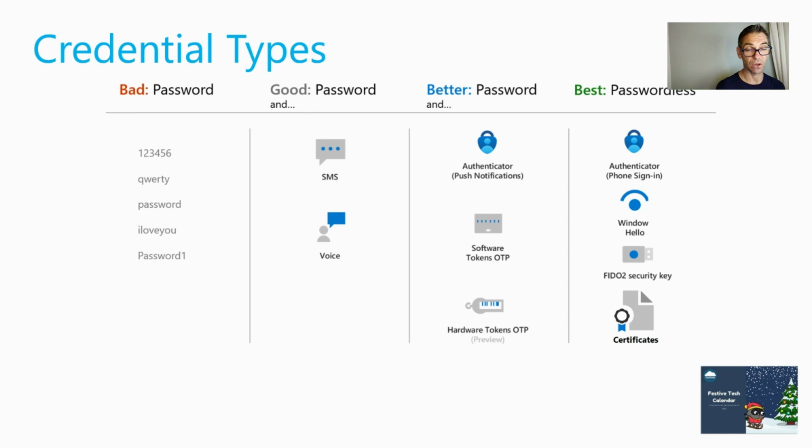New to Azure Active Directory in the last couple of months is certificate-based authentication, which means that you can have certificate-based authentication without the Active Directory Federation Services, or ADFS, requirement and certificate authorities. So that's a new thing, and that's great that we can now allow certificate-based authentication natively in cloud-only organizations.